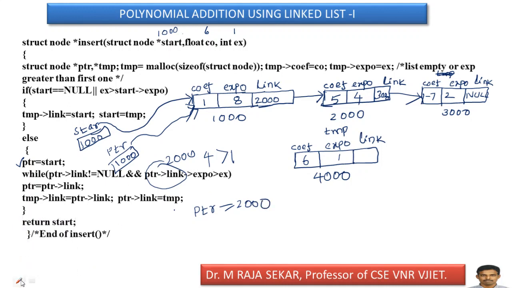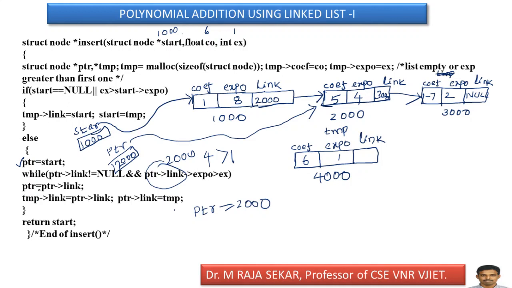First let me erase the existing link. Let me erase number 1. Now PTR is updated with 2000. Let me say this is 2000. Automatically it will search for a node whose address is 2000. Now where can I go? PTR equal to PTR arrow link. Again I will go back to the while loop.